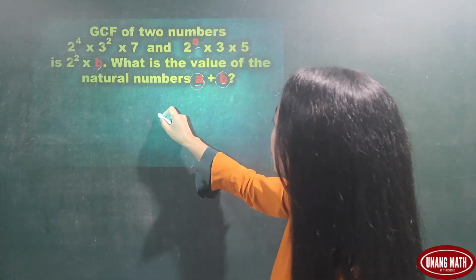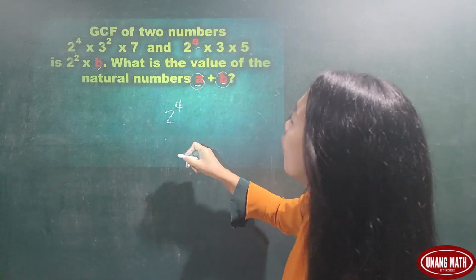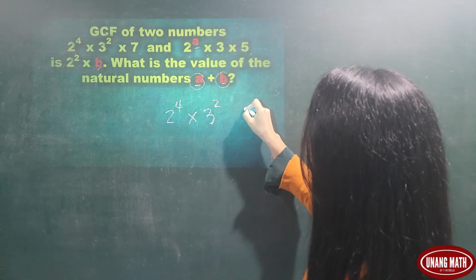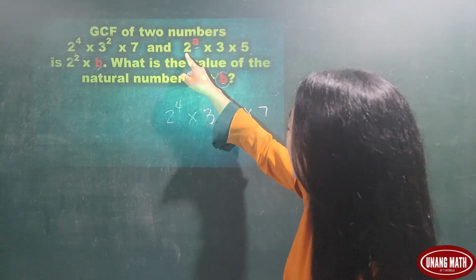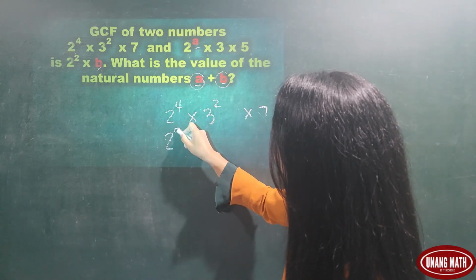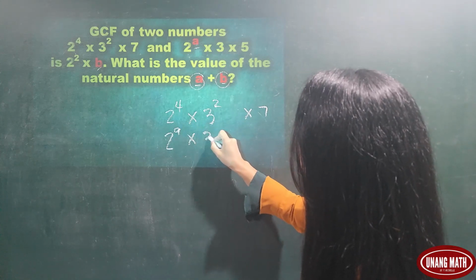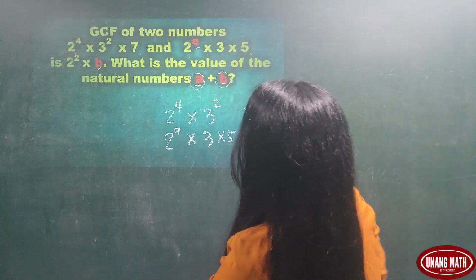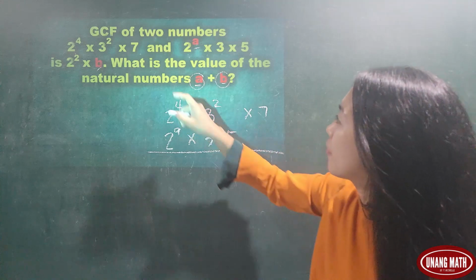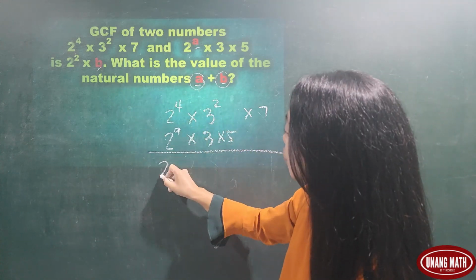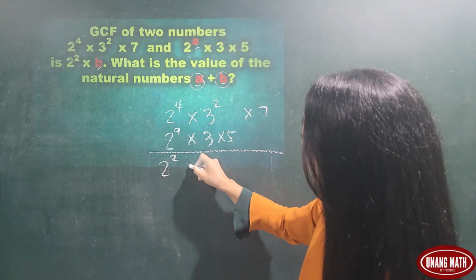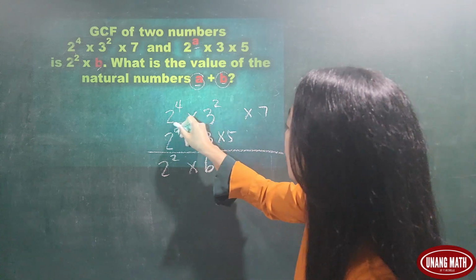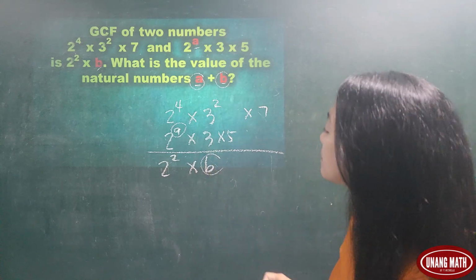So let's get 2 raised to the power of 4 times 3 squared times 7. Next is 2 raised to the power of a times 3 times 5. So the GCF of these two numbers is 2 squared times b. So we are looking for the value of a and b.